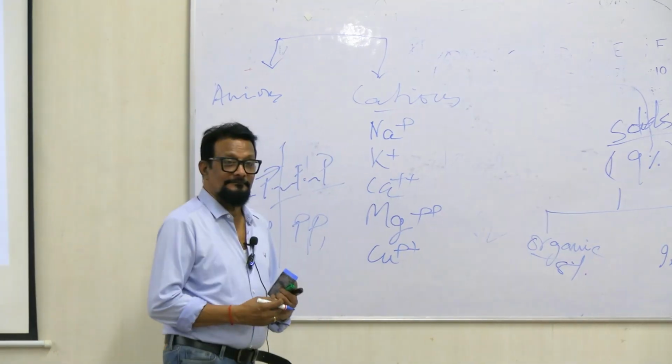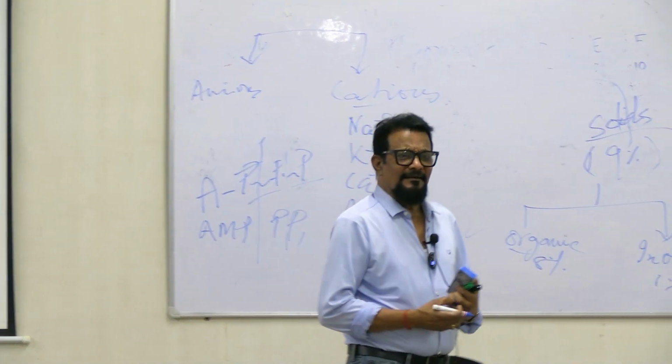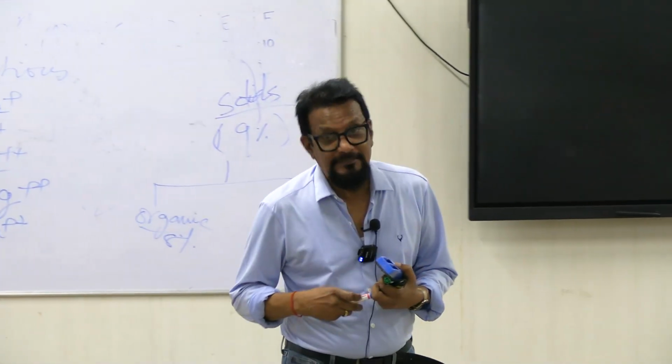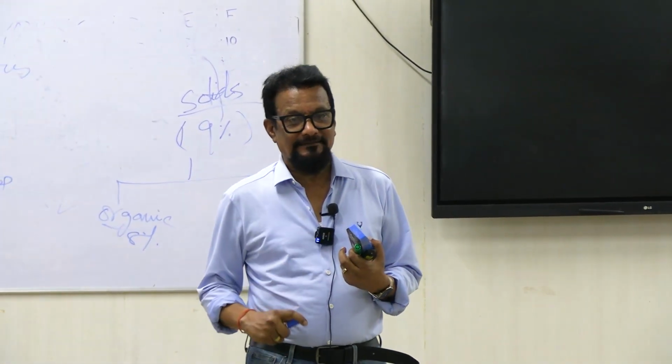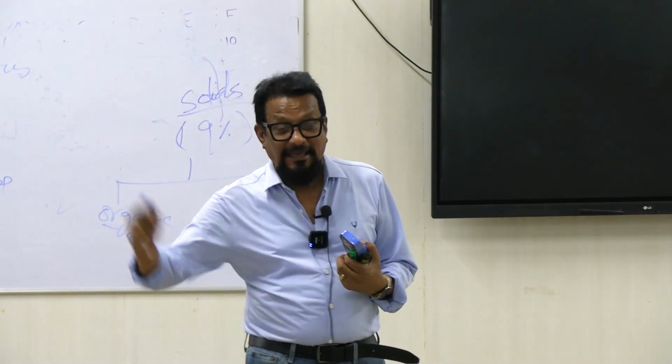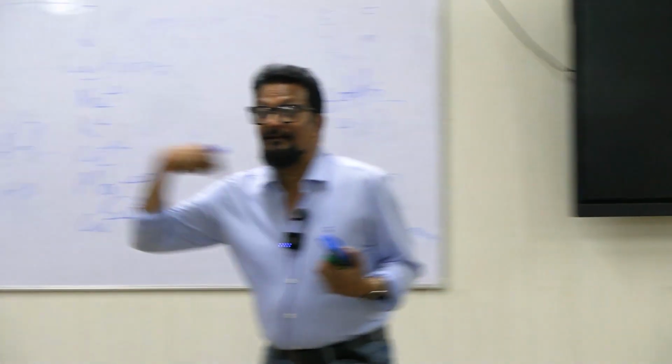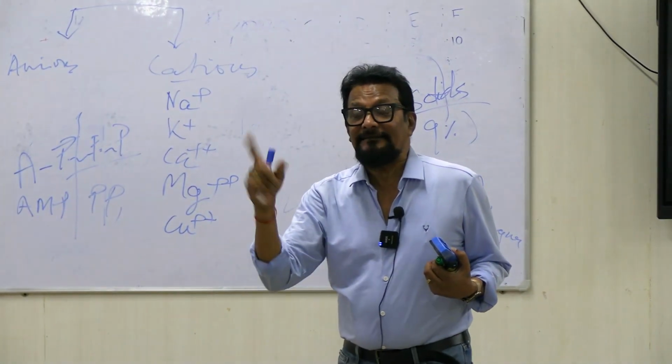Copper. Excess copper can be deposited; ceruloplasmin, one type of plasma protein, is the carrier of copper.